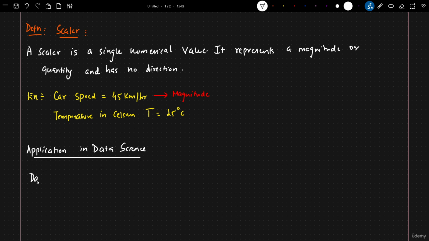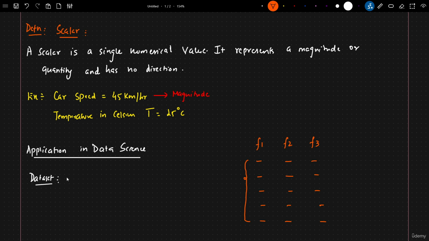Let's say I have a data set, and in this data set let's consider that I have features F1, F2, F3. The F1 feature may be something else, F2, F3 may be something else. In a data set we will have many records. Let's say there are 5 records.